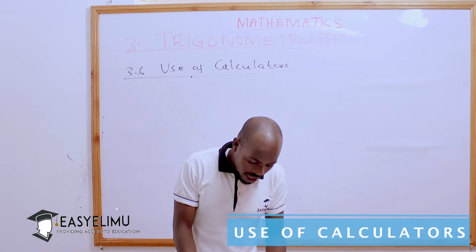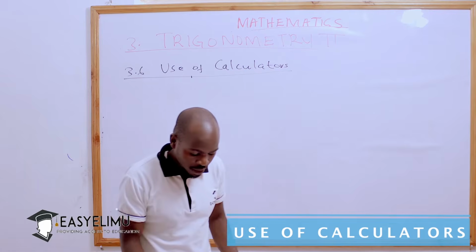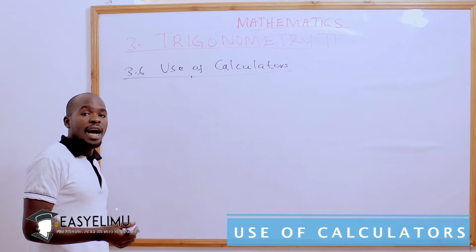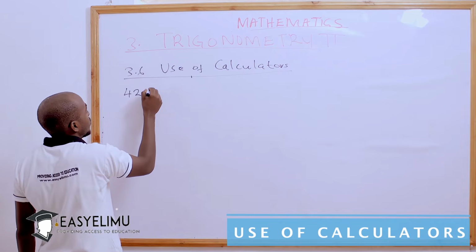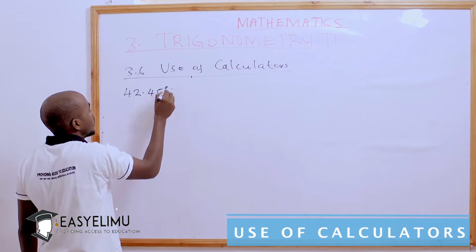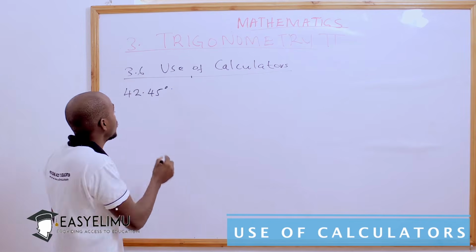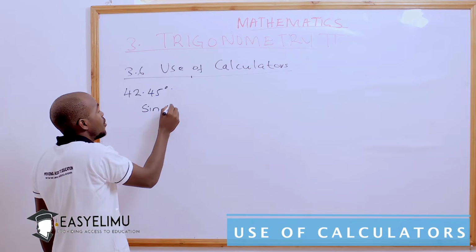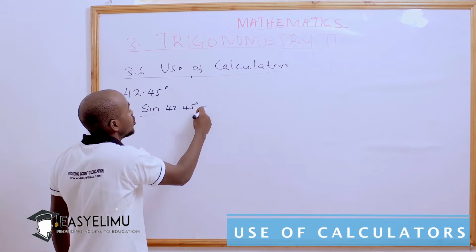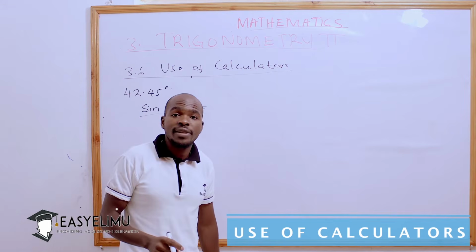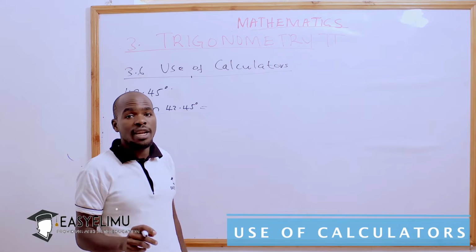If you have an angle with a decimal, for example 42.45 degrees, the same applies. To find the sine of that angle, you just key in the digits you have and press the equal sign. It will automatically give you the answer.